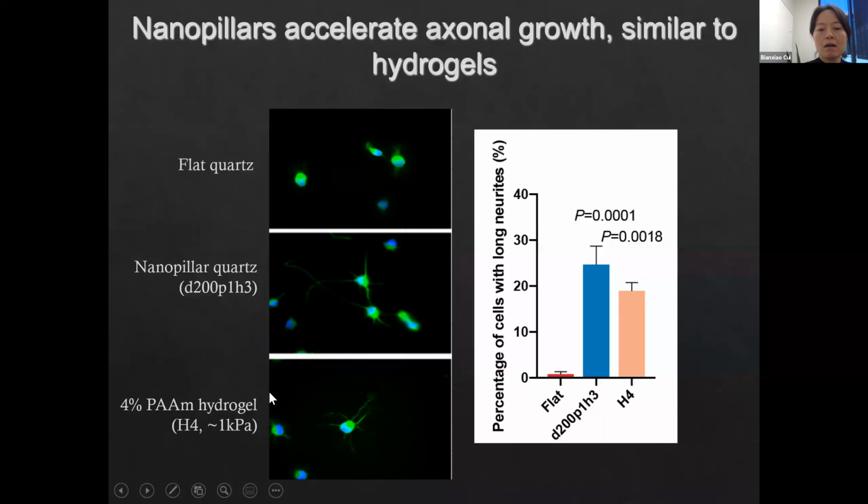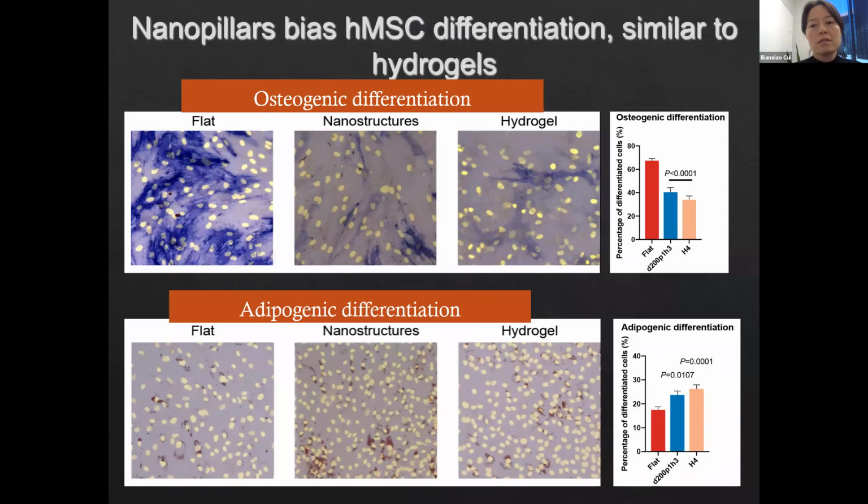And actually this result, when we started the experiment, a paper hadn't been published, but this result is independently validated by a very recently published eLife paper. So it's very interesting that on flat substrate, very few neurons grow out long neurites, but on nanopillar and hydrogels, really a lot of neurons grow out long neurites. So all of those are the neurons.